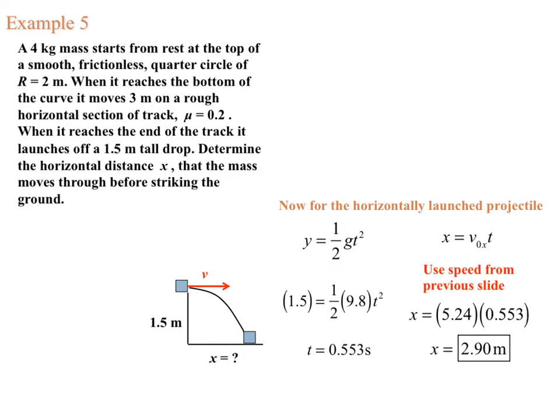Again, the second half of this problem is simply a horizontally launched projectile. So using information that we've previously learned, y is equal to 1/2 g t squared, and x is equal to v naught x, or vx times t. And then we can solve for x, the distance traveled in the x direction.